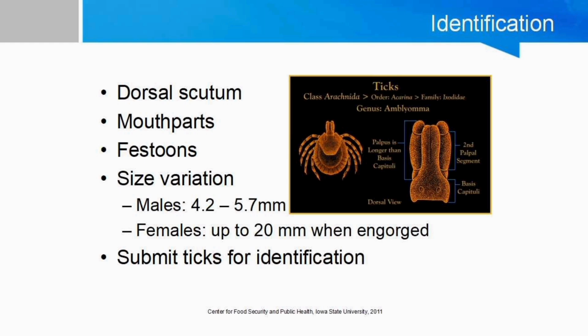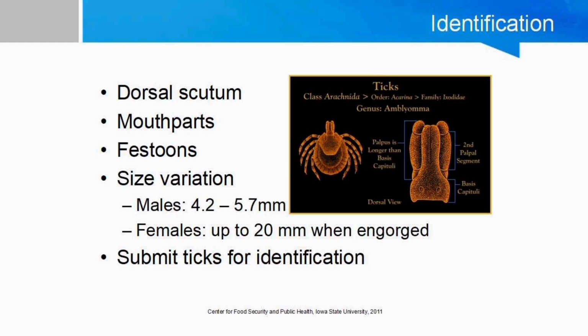Unfed Amblyomma hebraeum females are 5 millimeter long. Engorged females can be as long as 20 millimeter. The dorsum is dark greenish brown or black, punctate and striate.